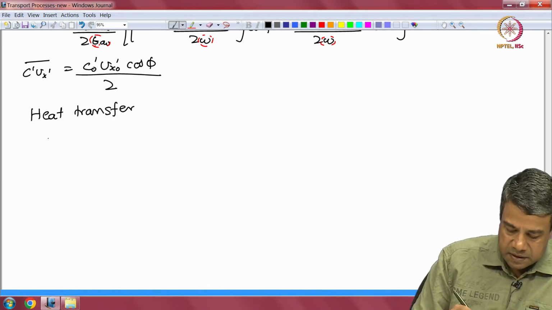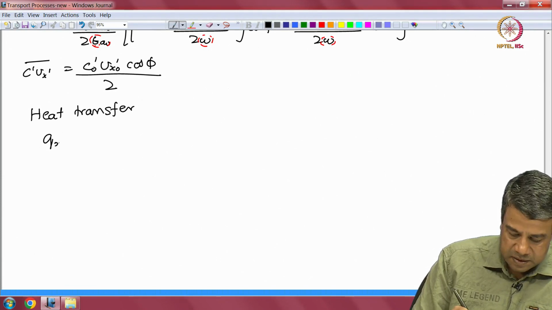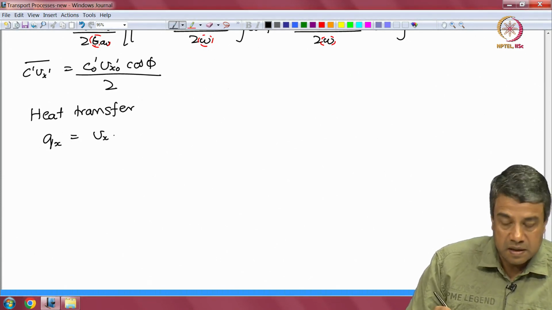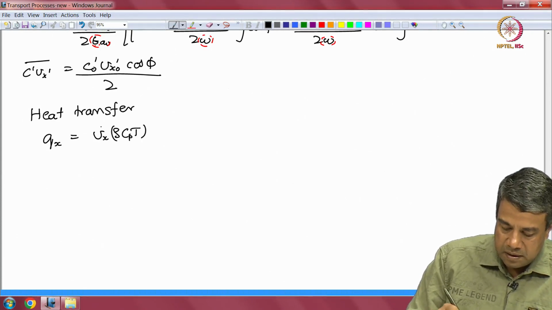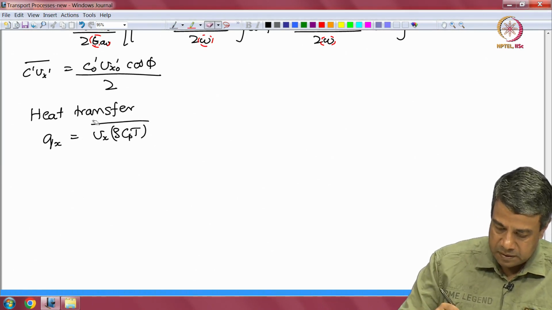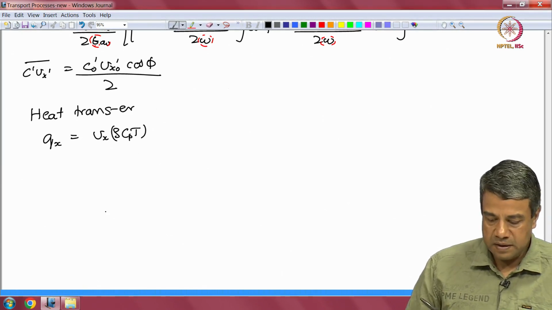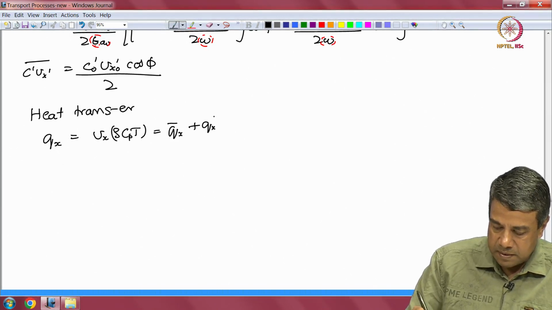The energy flux Q in some direction, Q x say, is equal to V x times the energy density, rho C p T, for an ideal gas. This is not the average, at a given surface. This can be written as Q x bar plus Q x prime.